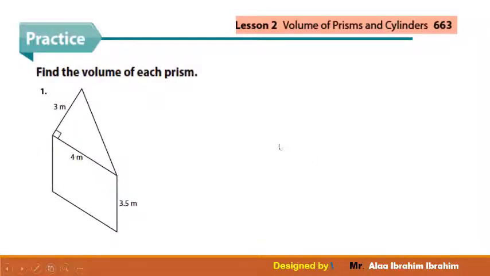Now we're going to find the volume of a prism. In this prism, my base is clearly a triangle. This is my base, this is my height. Someone may label the base and height differently, it doesn't matter to me. But you have to deal with the area of the triangle first. So my volume is the base area times height. The base area means the area of the triangle, half times base times height.